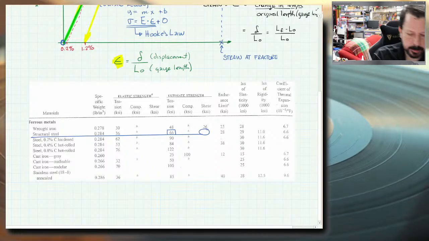This is where you use your failure theory. Which failure theory do you want to use to generate the number here? There are several failure theories you can use, so you choose the failure theory.